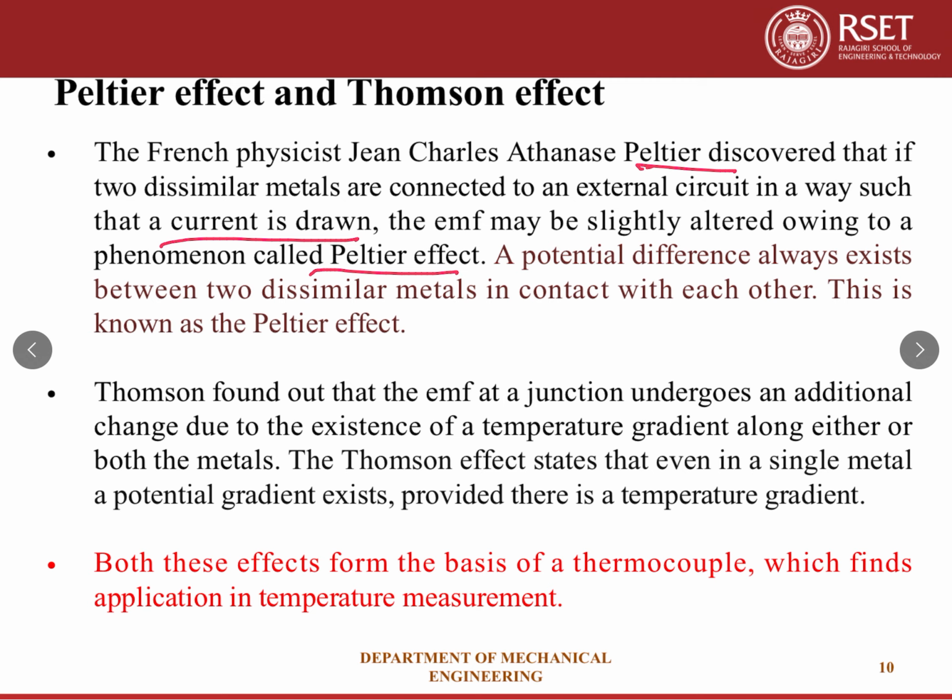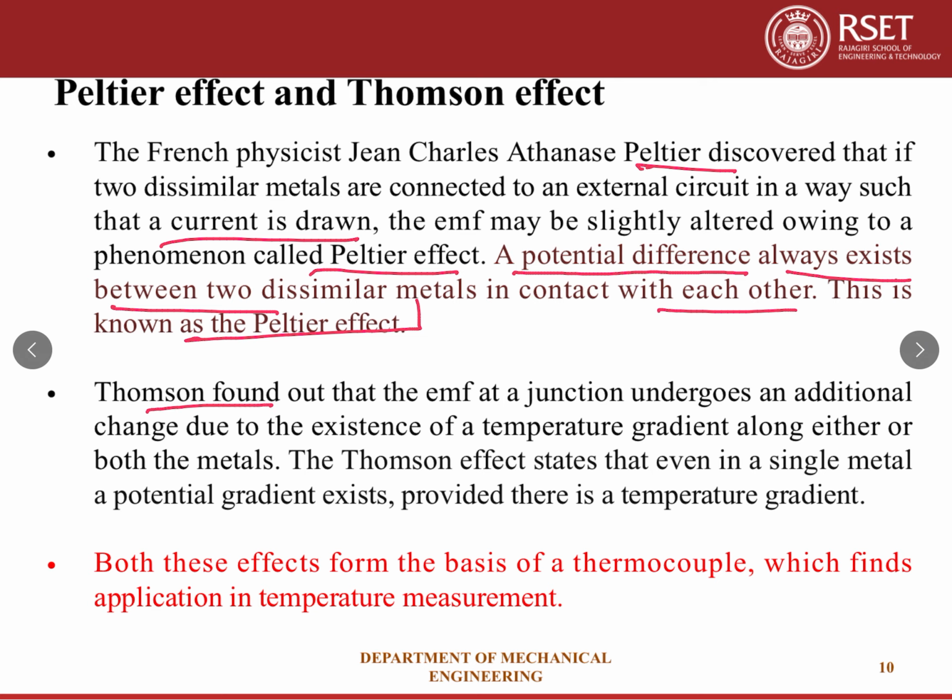So in a nutshell, a potential difference always exists when two dissimilar metals are in contact with each other. This is known as the Peltier effect. The EMF generated is due to two different materials forming a junction.